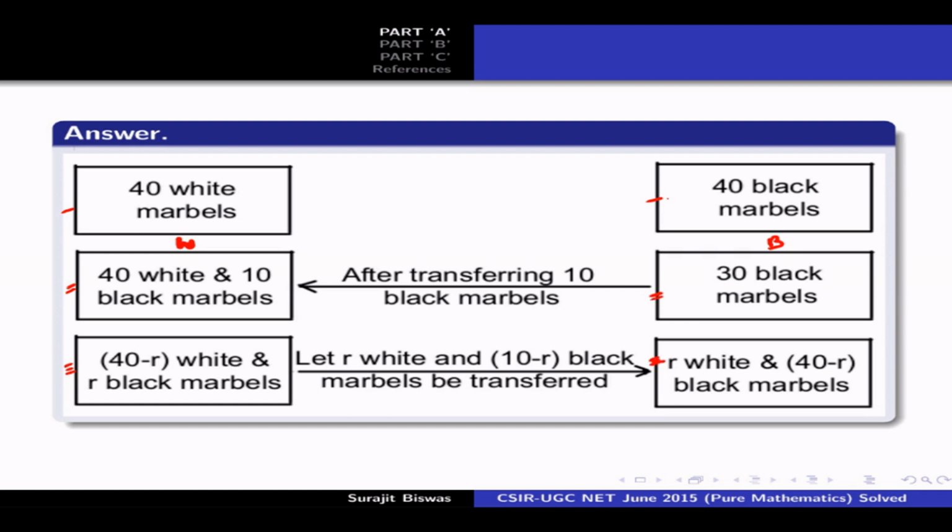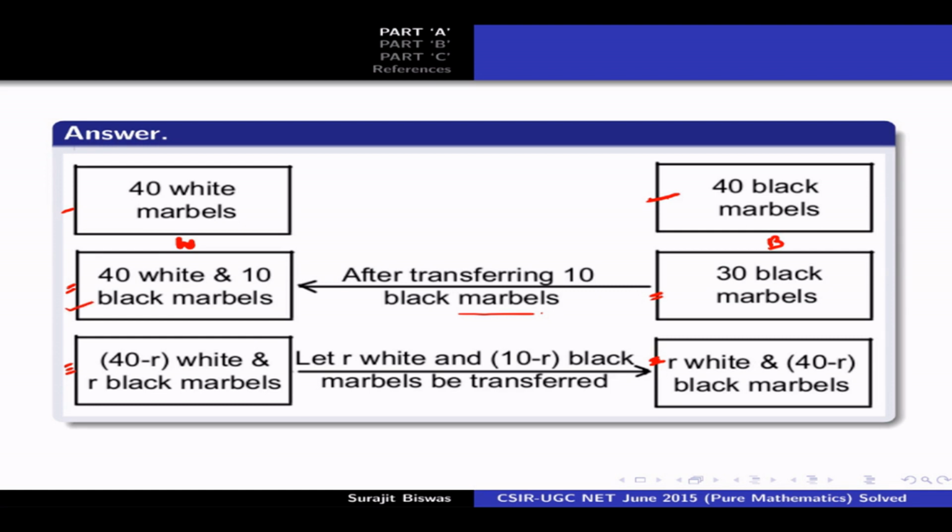Okay, so in the initial stage, here we have 40 white marbles and here we have 40 black marbles. After transferring 10 black marbles, the left out marbles in the black box would be 30, and here in the white box the total number of marbles would be 40 white and 10 black.